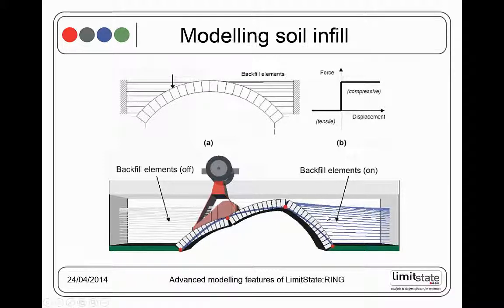The backfill elements resist movement if the barrel moves into them, but they have no effect if the barrel moves away from them. That's basically saying that we take account of passive pressures, but we choose to ignore active pressures because they're significantly smaller than passive pressures and make very little difference to the predicted load carrying capacity of the bridge.